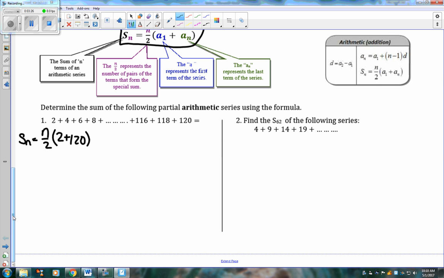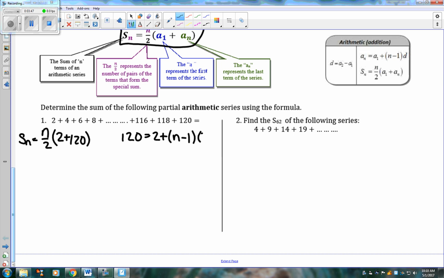So I'm going to take this term number, 120, and set it equal. Remember, a sub n is equal to a sub 1, what's my first term, plus n minus 1 times my common difference. What's my common difference? 2.